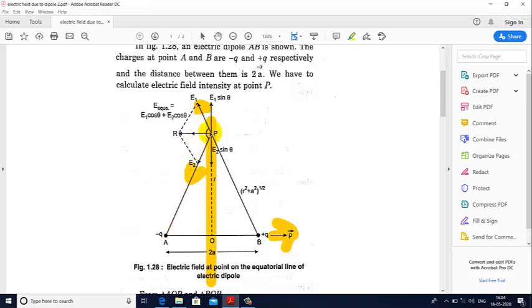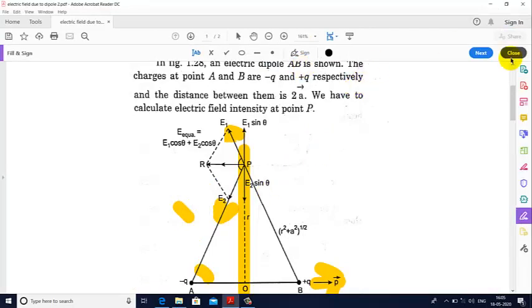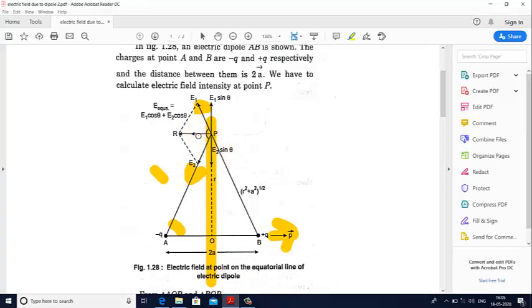Both these electric fields have different directions, so we need to find the resultant electric field. What we do is take the horizontal and vertical components of both these electric fields. If this angle is equal to theta, then this angle will also be equal to theta.